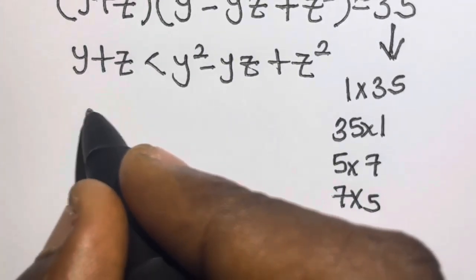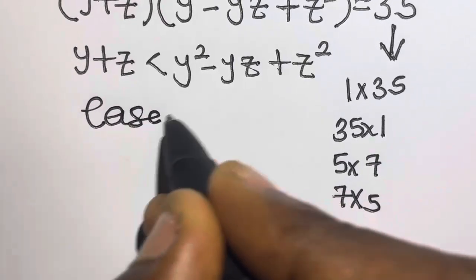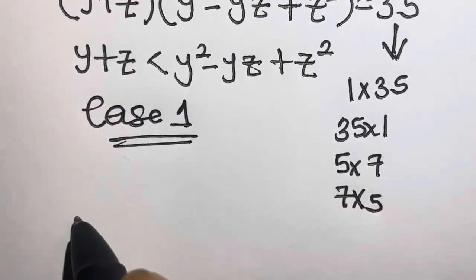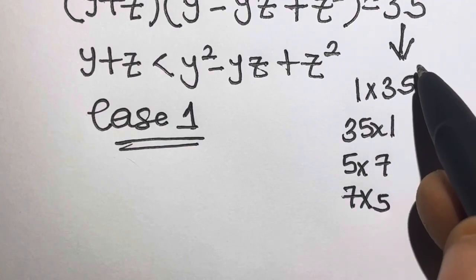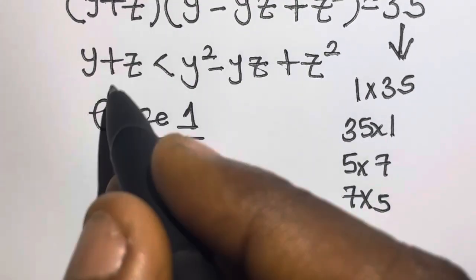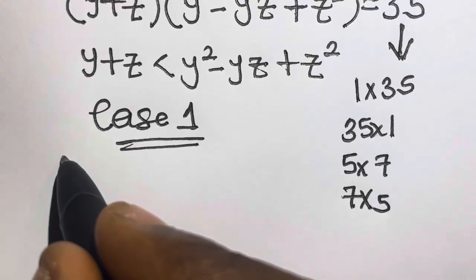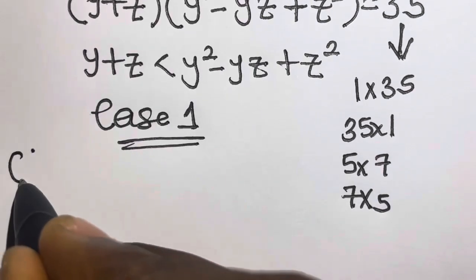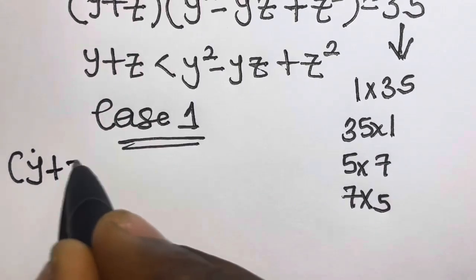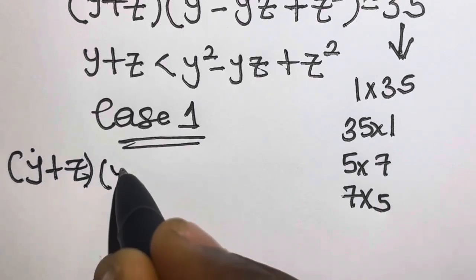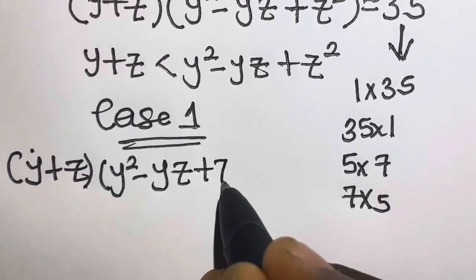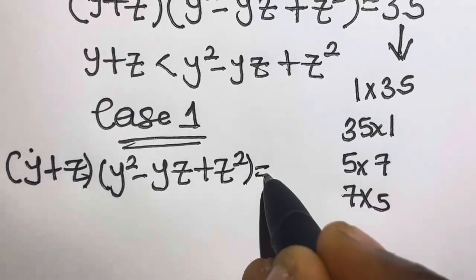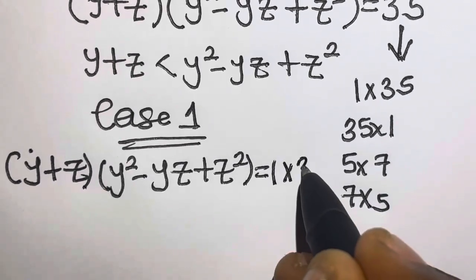So let's see. Let's say case 1. Let's first check 1 times 35. We have y plus z multiplied by y square minus yz plus z square equals 1 times 35.